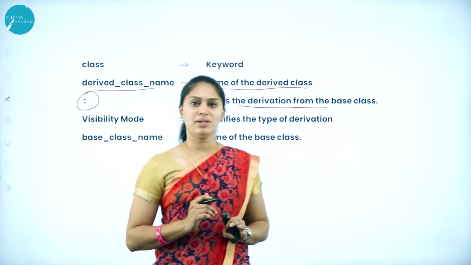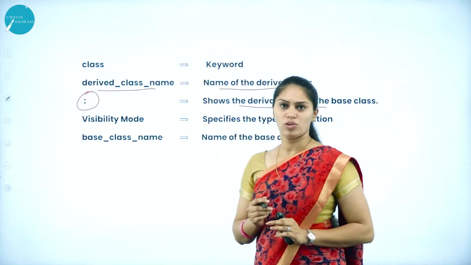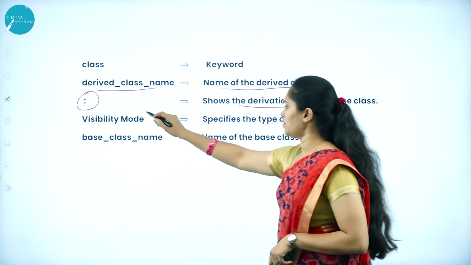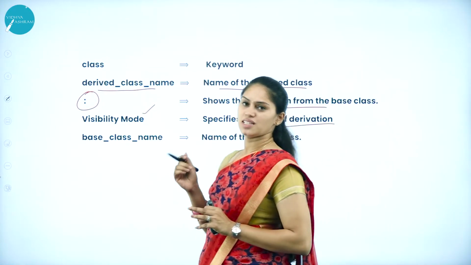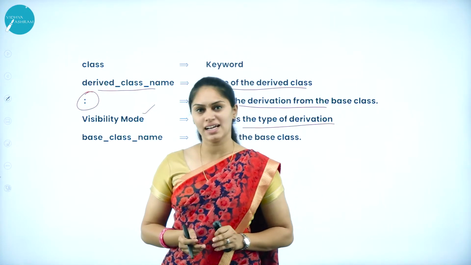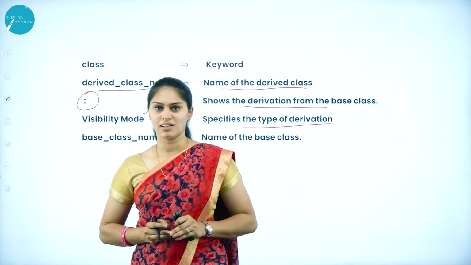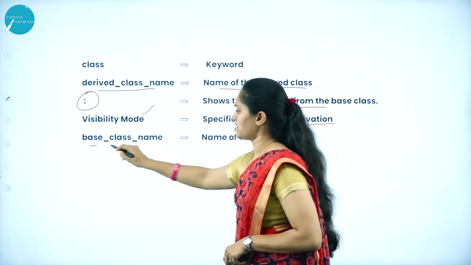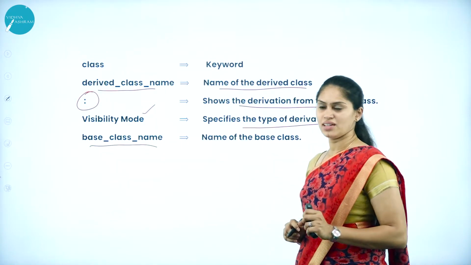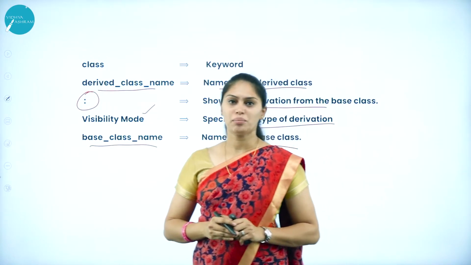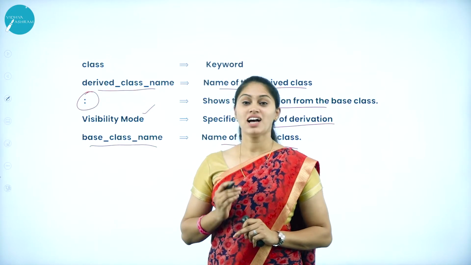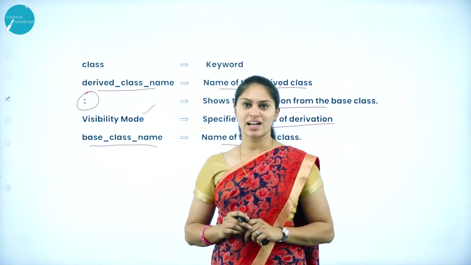After that, I must specify the visibility mode, that specifies the type of derivation, whether it is privately derived, publicly derived or protectedly derived. Next, we need to specify the base class name, from which I am acquiring the properties. This is regarding how to define the derived class.